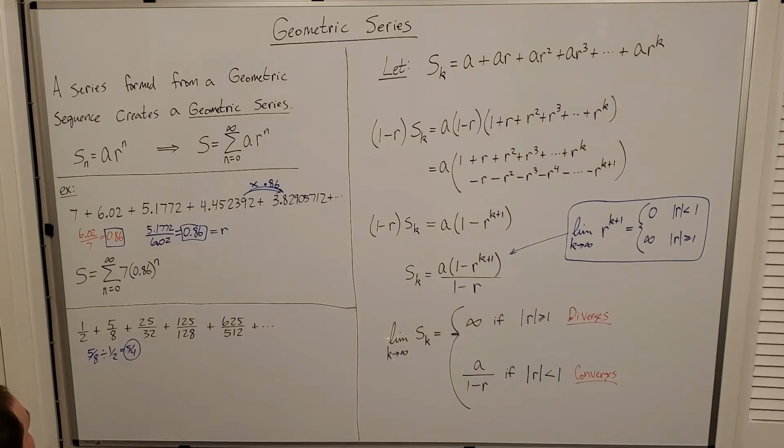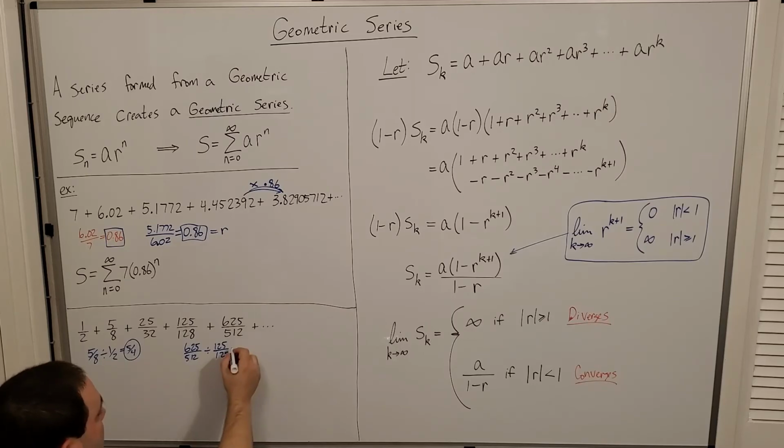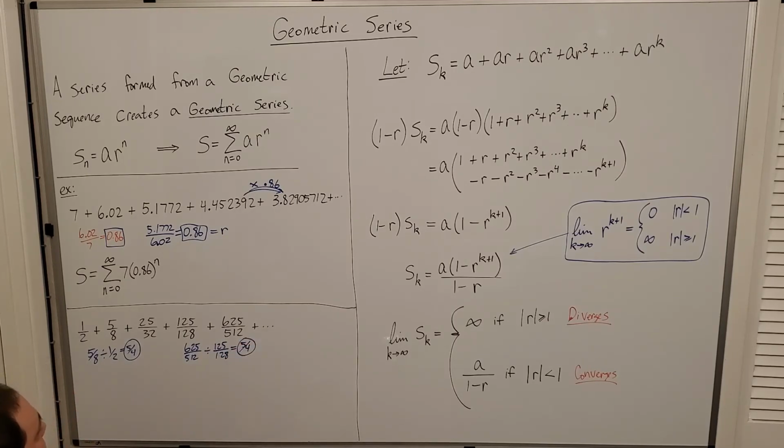Right? 5/4. Anywhere else, if I divide it out, if I do 625 over 512 divided by 125 over 128, right? Reciprocal, multiply. I'm just dividing a term by the consecutive term here. You'll notice yet again I get 5/4.